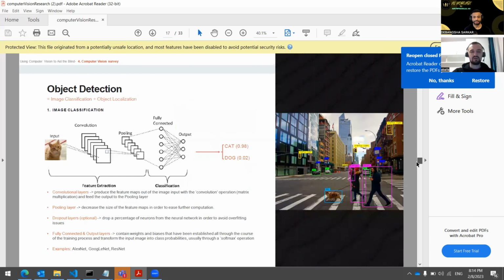Right. So firstly, object detection. Here on the right you have an example of what it actually means and what it looks like. Basically, it's a neural network that is composed of convolutional layers, pooling layers, dropout layers.